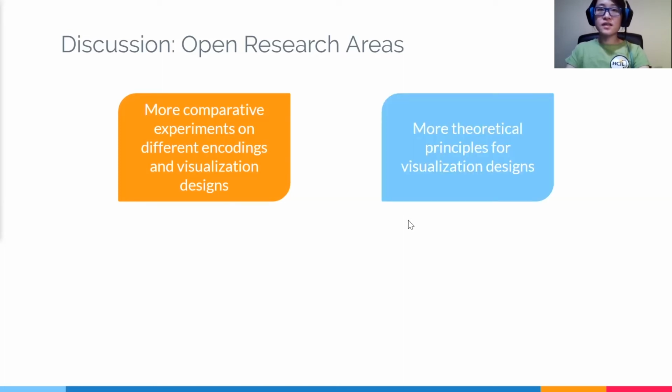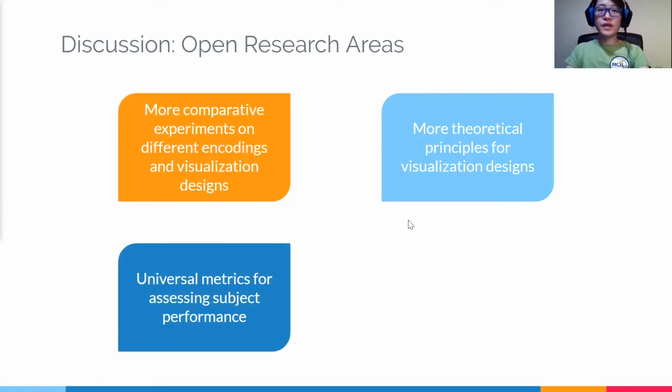On the other hand, existing theory only provides strong coverage for a few possible designs. Most of them are very simple ones. Thus, we need more theoretical principles to save our efforts in designing experiments to evaluate the effectiveness of various visualization designs. Moreover, universal metrics for assessing subjects' performance are also very important for integrating the experimental results in the future.